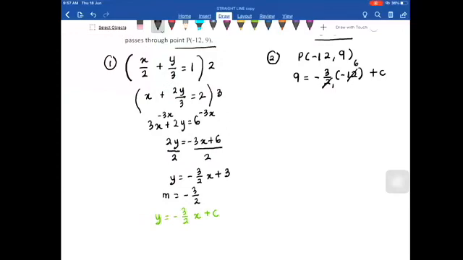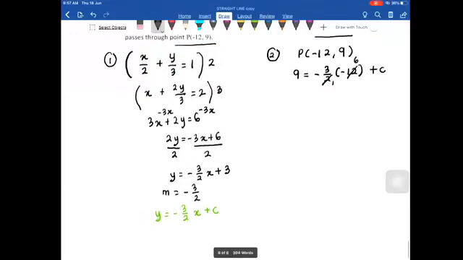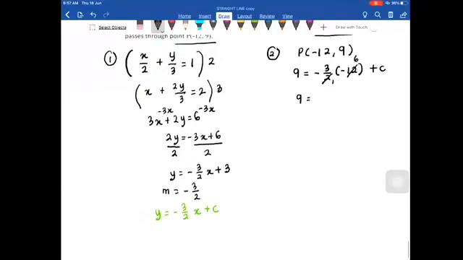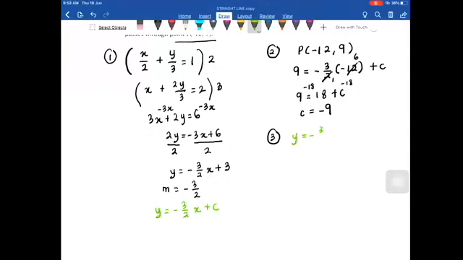So 9 is equals to 18 plus c. So c is equals to negative 9. So finally, my equation will be y equals to negative 3 over 2x minus 9.